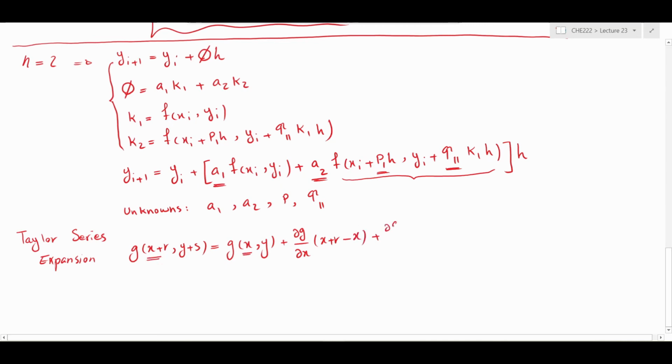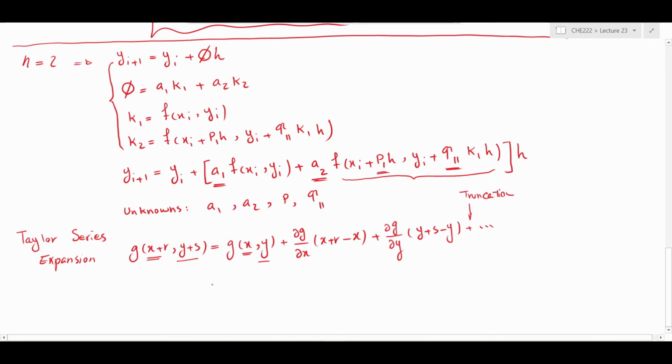plus the partial derivative of the function with respect to y multiplied by the variation of y, which is y plus s minus y. And I just remind you that there are other terms, but I'm just going to truncate it here.